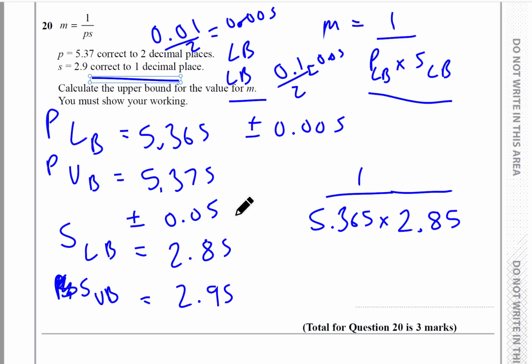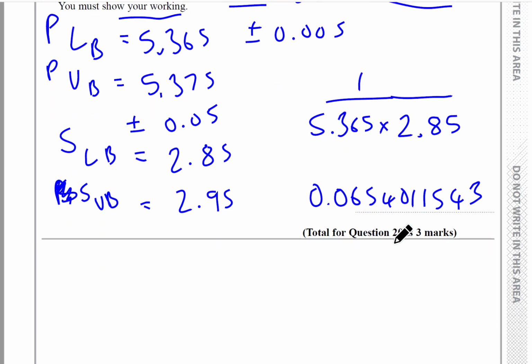And it does clearly say you must show your working, so do show your working, and the answer is right. In the mark scheme they've just written all the numbers down. I guess they didn't ask you for any rounding, so just to be on the safe side, I'm going to write all the numbers down. That's an easy 3 marks.